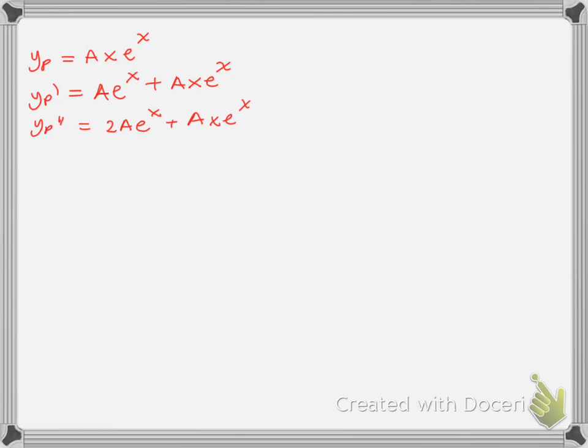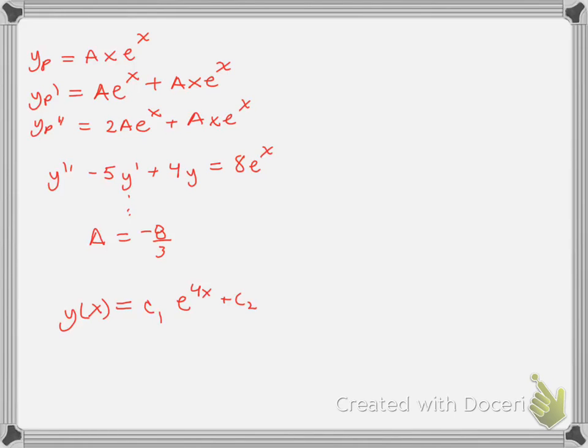Now you can plug it back into your equation and do what we did prior. I'm not going to go through all that, but when you end up with your final answer, A should actually be negative 8/3. So your general solution would be C1 e to the 4x plus C2 e to the x minus 8/3 x e to the x.